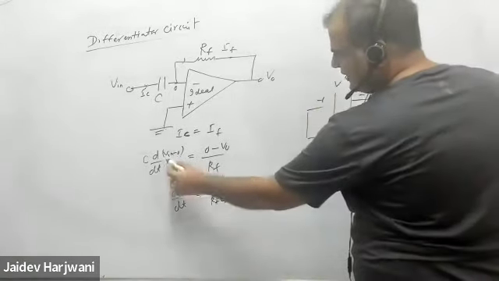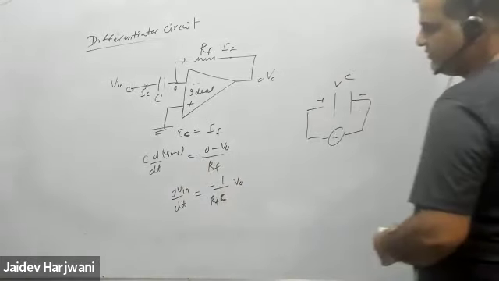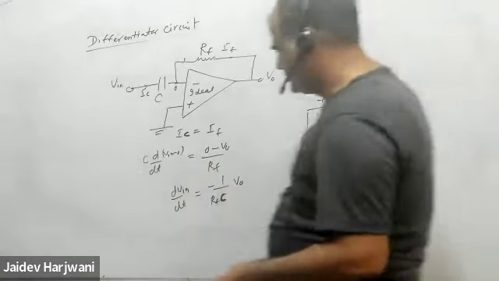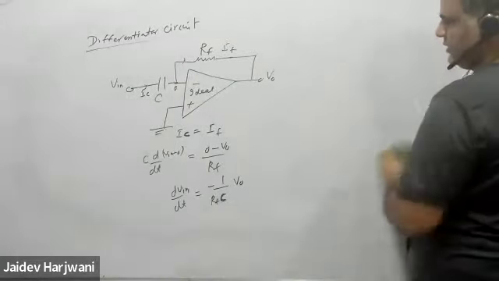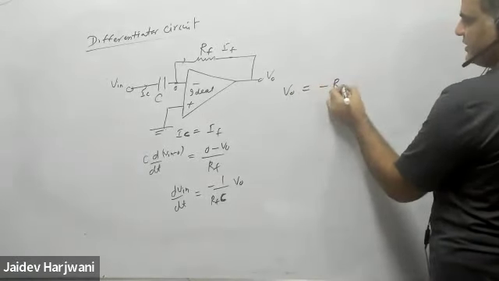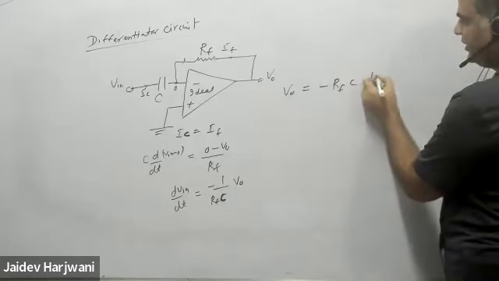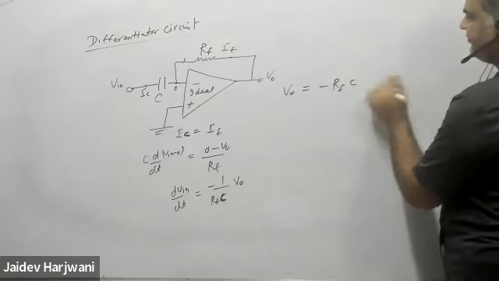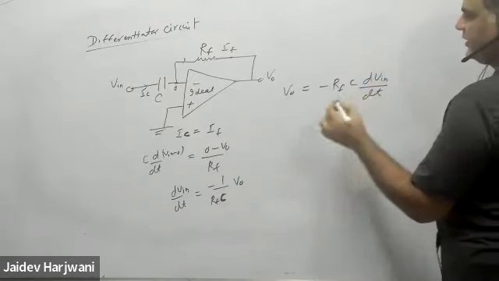And now this is dV by dt, this is V naught. Now what I want is V naught. So let me write now the expression for V naught output. So V naught will be minus RFC dVin by dt.